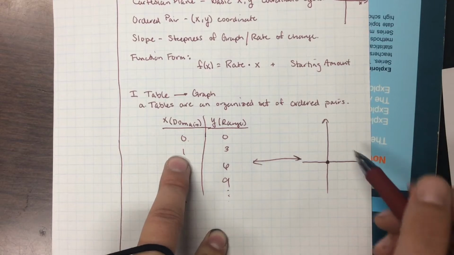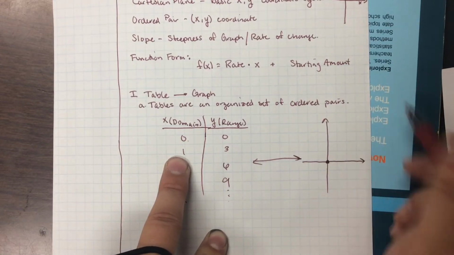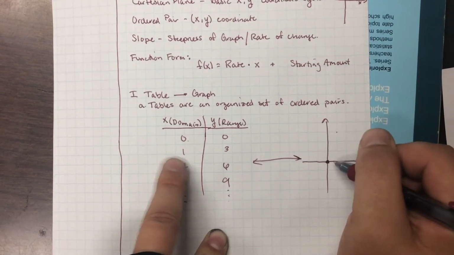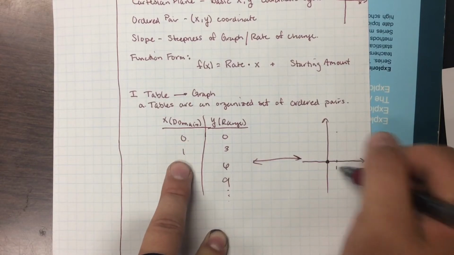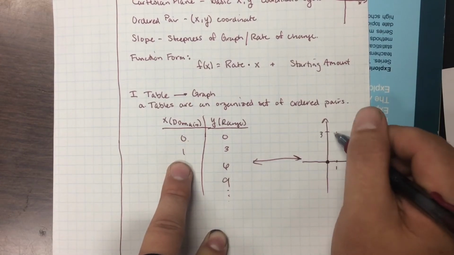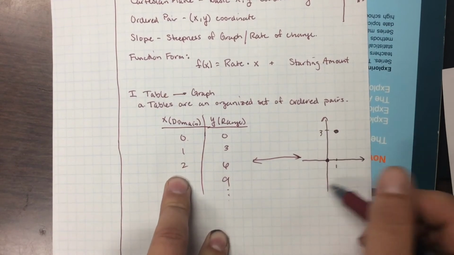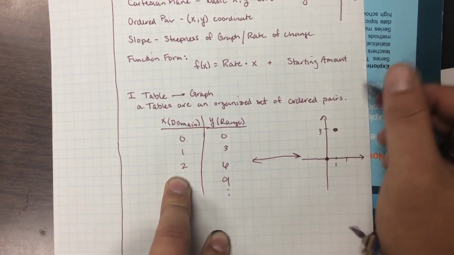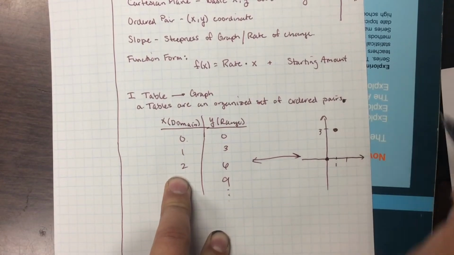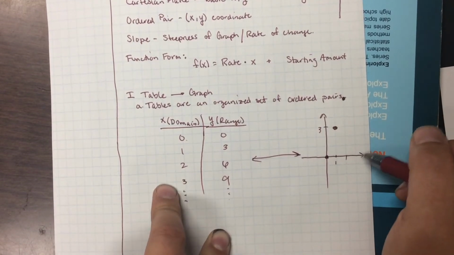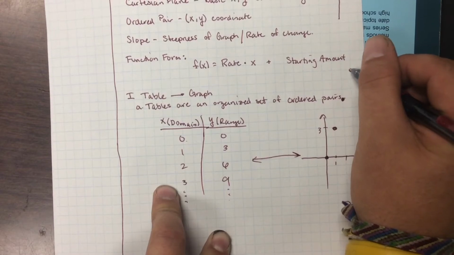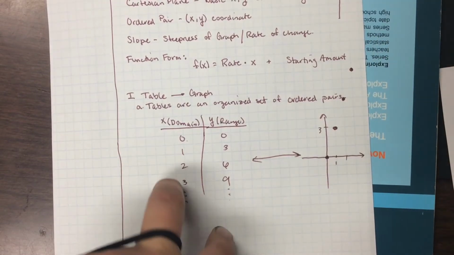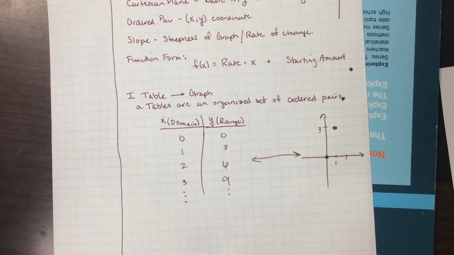This says go to where we have 1 and 3, so x is 1 and y is 3, and I'm putting a point. 2 is 6, so the domain of 2 gave me an output of 6, which is up here. And then 3 is 9, so 3 and then 9 is up here. These are how tables and graphs are connected.